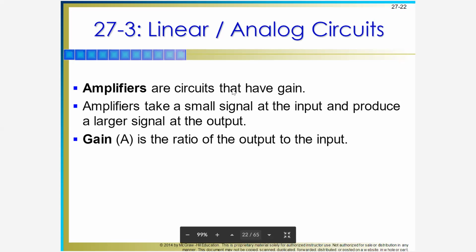Next, we have the amplifier, which takes a small signal at the input and produces a large signal at the output. Okay, as you can see, small signal input. After it goes to the amplifier, it will be amplified to a large signal at the output. Okay, gain, letter A, is the ratio of what? Output over input. This is the only formula you use.